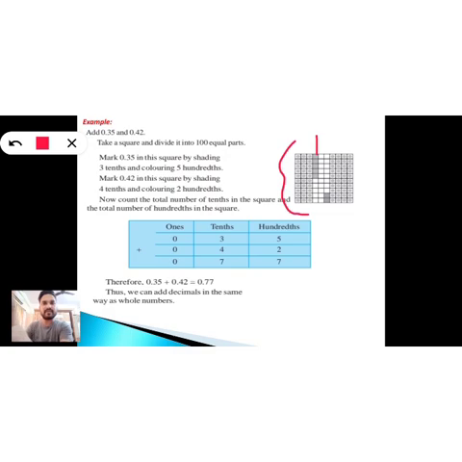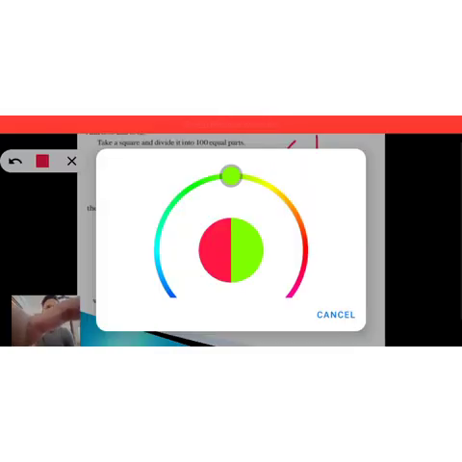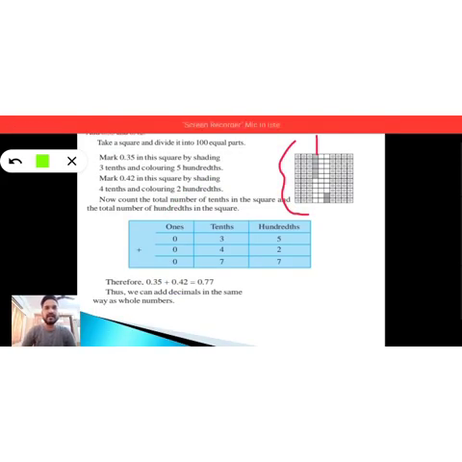In a similar way, we have to convert 0.42 in this square by shading the 4 tenths and coloring 2 hundredths, means these are the 4/10 shaded part and this 2 is the hundredths part of 0.42.